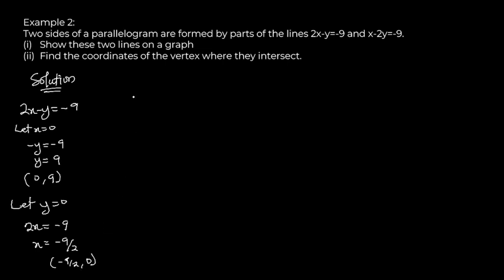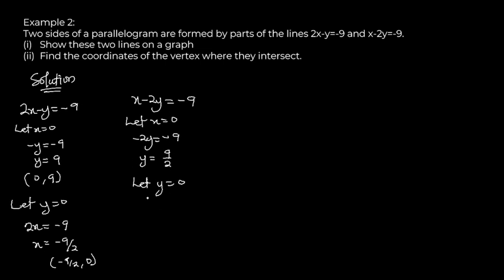Then for the second equation, we have x minus 2y is equal to -9. We do the same thing. Let x be equal to 0. So we have -2y is equal to -9. And then that will give us y to be equal to 9 on 2. Now we say let y be equal to 0.